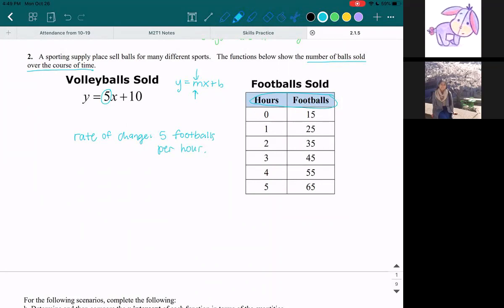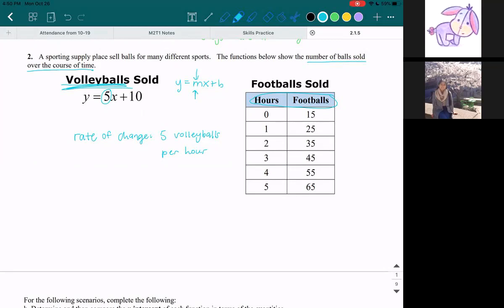Oh, sorry, this is not footballs, these are volleyballs. Oh, that's big. 5 volleyballs per hour. Because this one's for volleyballs. My bad. So for this volleyball situation, we have a rate of change of 5 volleyballs sold per hour.